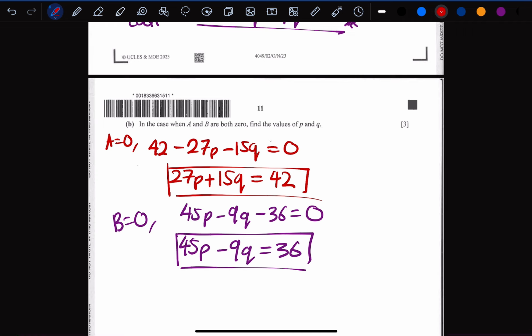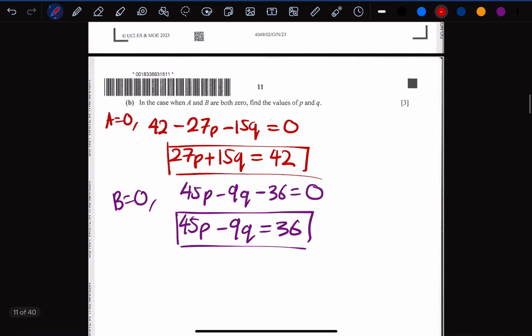So over here, I'm going to try to use the method of elimination. Here I want to get rid of 15q instead of 9. So this whole equation, I'm going to divide by 3 and multiply by 5, so I'm actually going to multiply by 5 over 3.